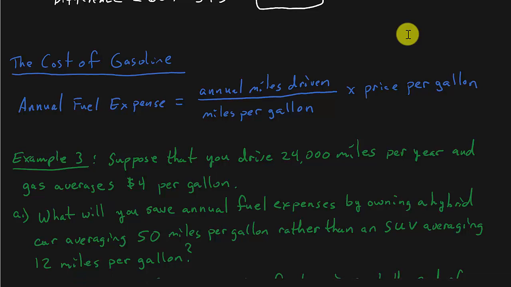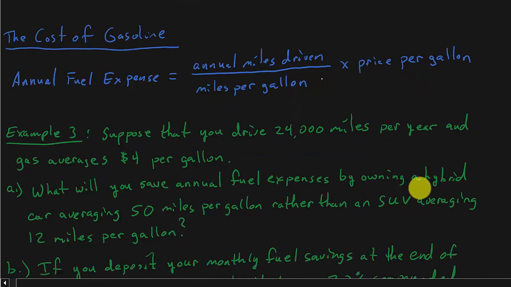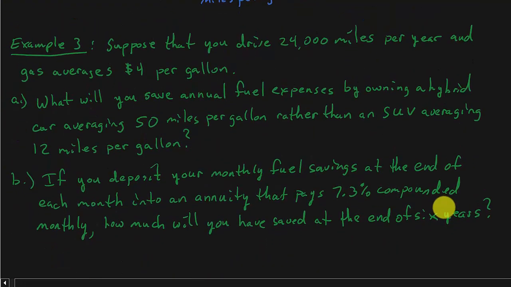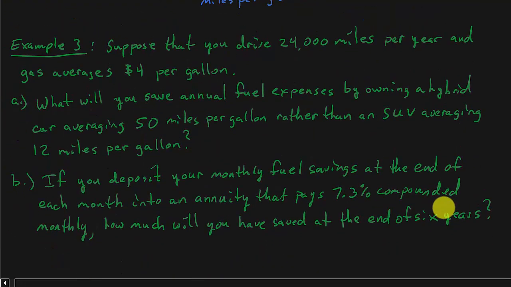Cost of gasoline. Different cars get different gas mileage. So your annual fuel expense is going to be the annual miles driven divided by miles per gallon, how many miles per gallon you get, times the price per gallon. Let's work some problems on that. Suppose that you drive 24,000 miles per year and gas averages $4 per gallon.